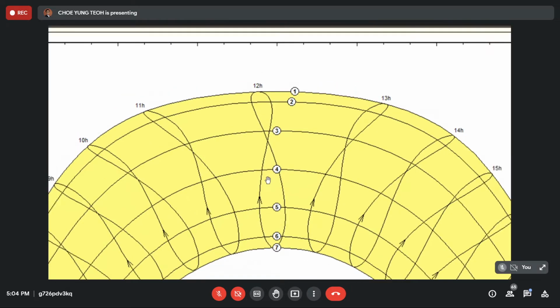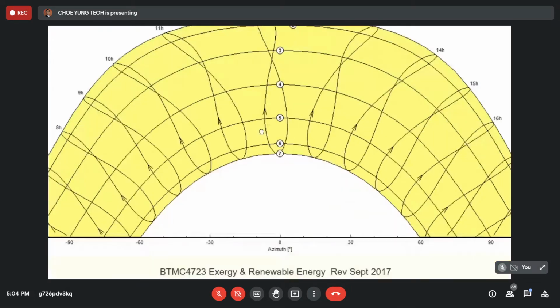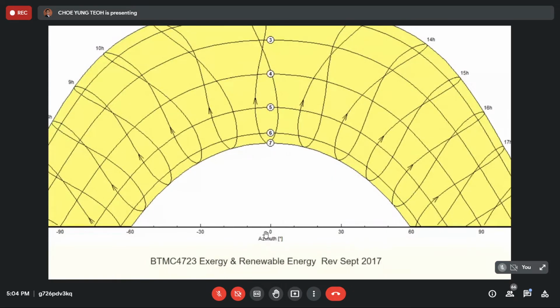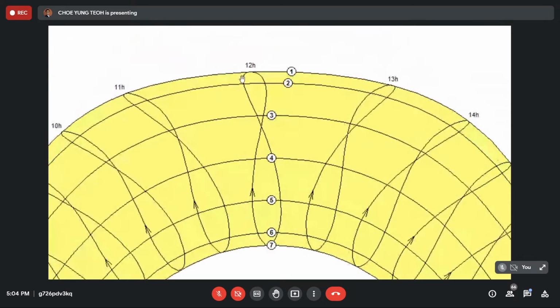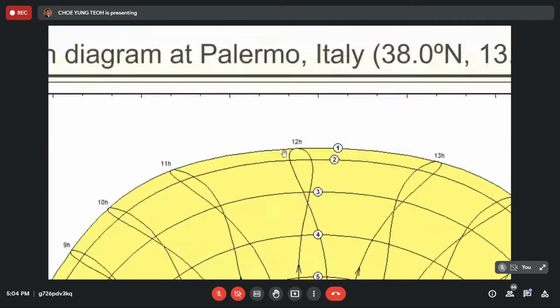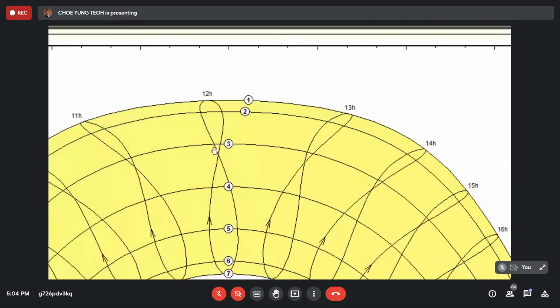So it means that you need to draw one line until the azimuth angle. Okay, but you can see that there are 2 points that cut through the 12 p.m. line, left or right.